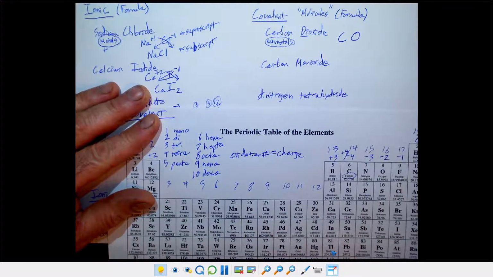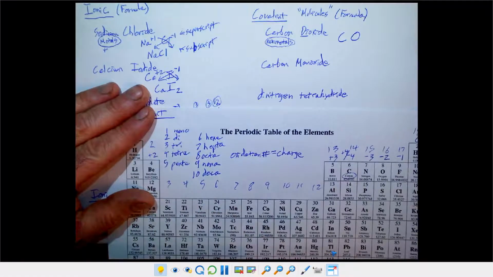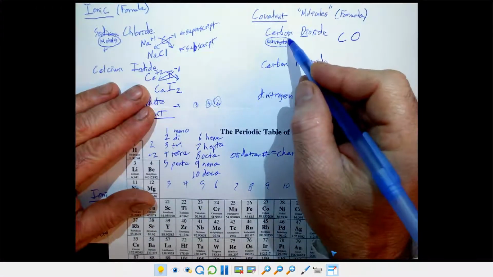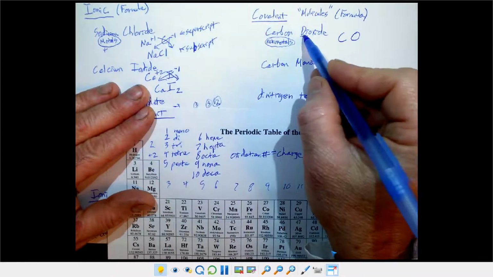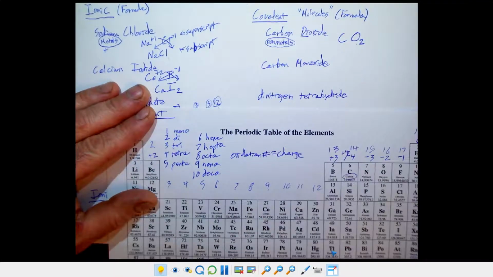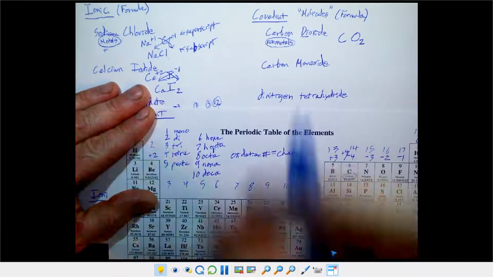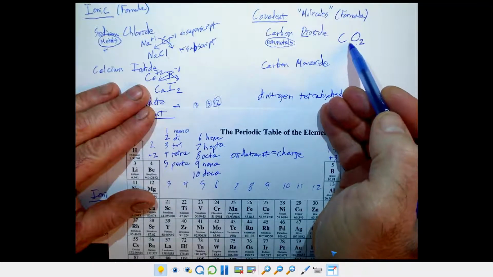What does di mean? Well, di meant 2. Now be careful. You might think, oh, dioxide, I got to cross that number over where the carbon is, like I did over here. No, don't do that. That dioxide means how many O's you have. So put that number right after it. So CO2. Notice the first one doesn't have a prefix, so you don't have to put anything here. It's assumed to be a 1.